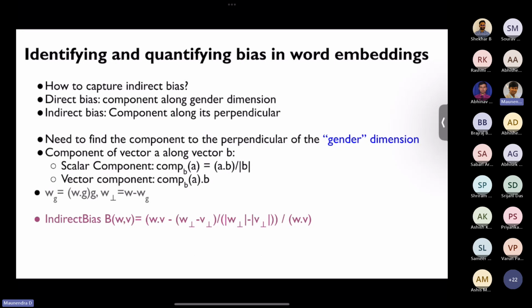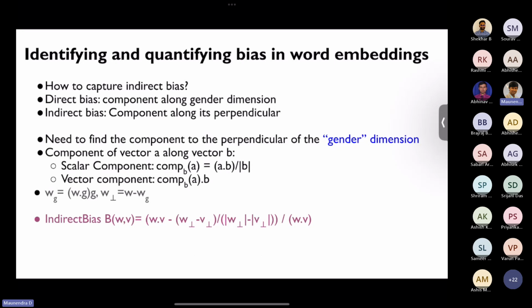Now b is a vector which is a direction, and it's actually a unit vector. Now for w, you can get these two components, w_g. w_g is w dot g into g. So w dot g is the scalar, and when you multiply it with g, it is the scalar along that unit vector.